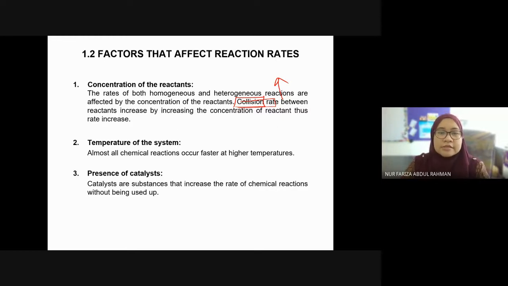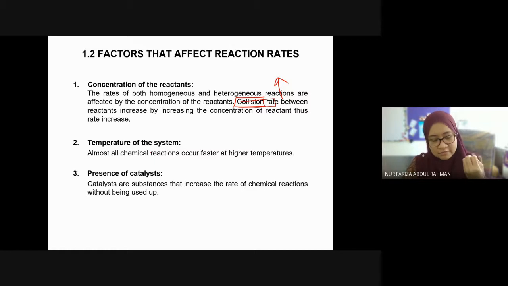Number 2, temperature of the system. Almost all chemical reactions occur faster at higher temperature. This is a very general statement. You should know why temperature helps in increasing the reaction rate: because temperature provides energy. Temperature increases the kinetic energy, because it provides extra energy.